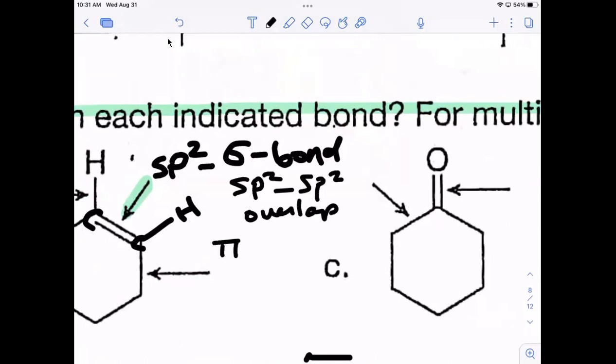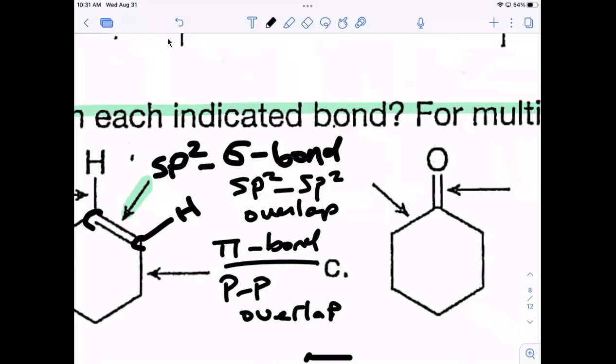And then for the pi bond, what's overlapping? The p orbitals. The unhybridized p orbitals. Good. So that's going to be p overlap. You can laugh later if that sounds goofy to you. All right. So the pi bond is the unhybridized p orbitals overlapping.